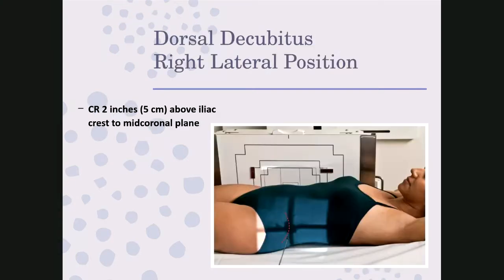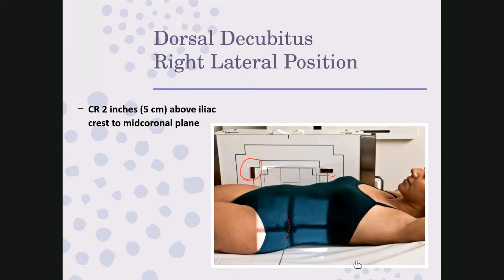In this decubitus, you would also mark right because her right side is closest to the IR, and that marker is a right, that marker says decube. So you would mark right because it's a right lateral dorsal decubitus.